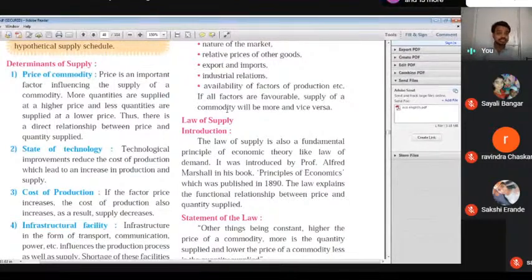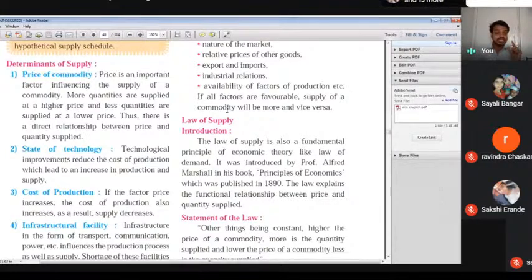Technology. If you know technology, then definitely you realize state of technology. What is the connection of technology and supply? Earlier days we had no technology, because of that we were using lots of human beings, lots of workers, lots of people, but now we are using advanced technology because of globalization, liberalization and privatization. We improve our procedure, our daily routine, our work.